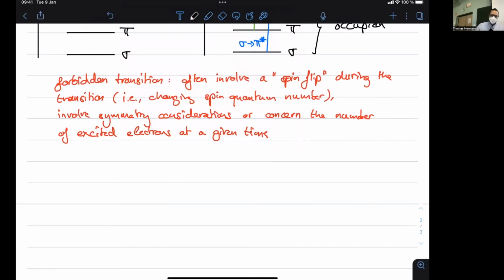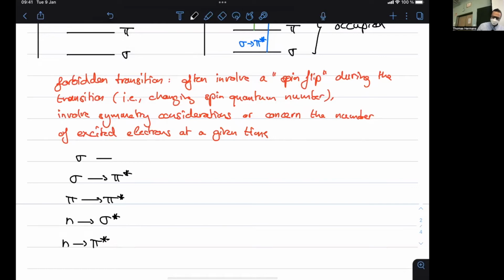Okay, so let's list some of these energies. So we start from the lowest. So N to pi star, N to sigma star, pi to pi star, sigma to pi star, and sigma to sigma star.